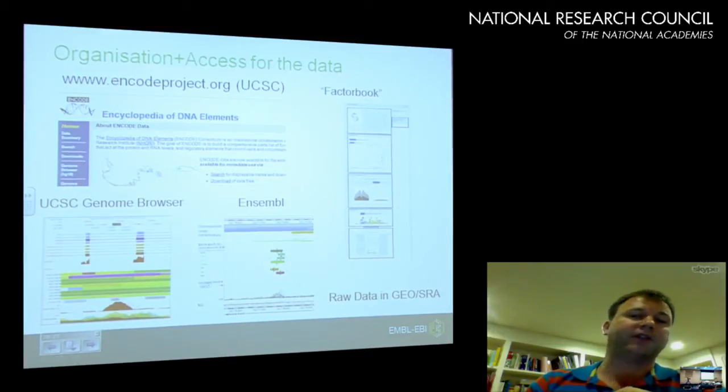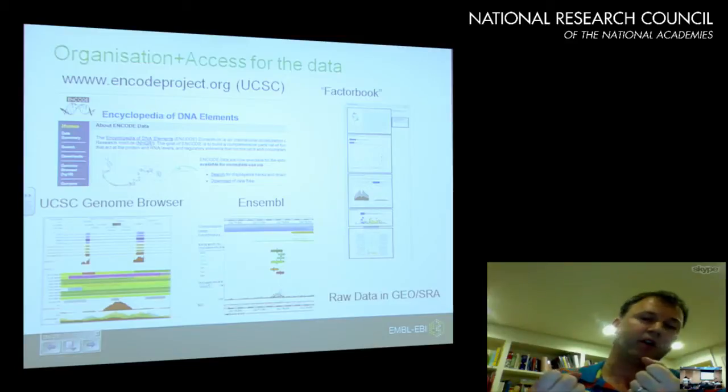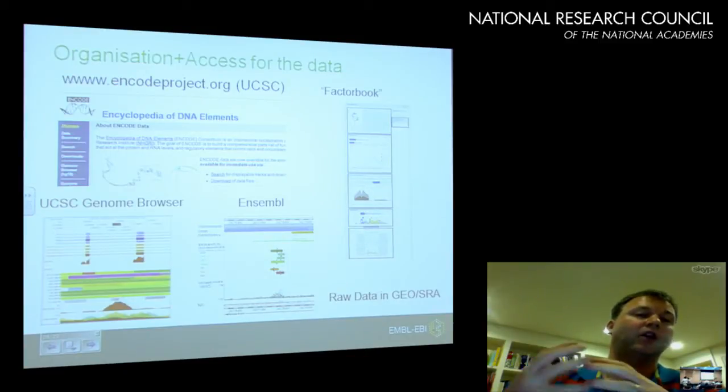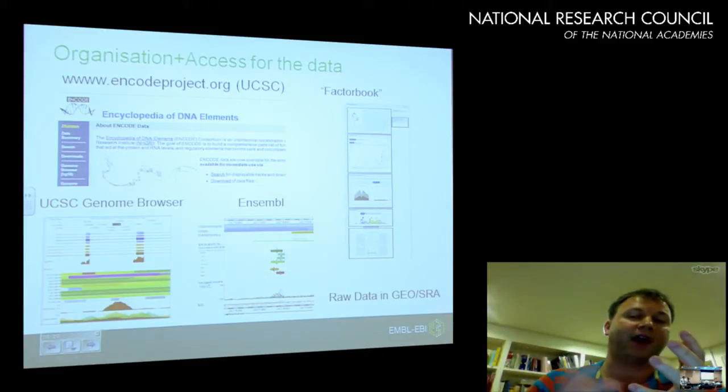But I want to stress that as well as that physical infrastructure, we did need very much an information infrastructure as well. So we needed components of knowledge that we could integrate this large-scale data set with. And that's where the longer-term archiving processes and value-added processes are very important.